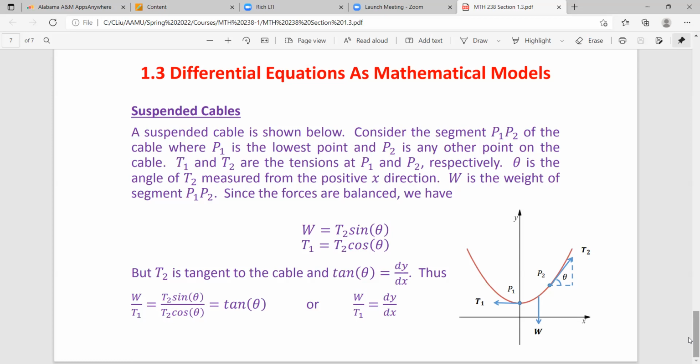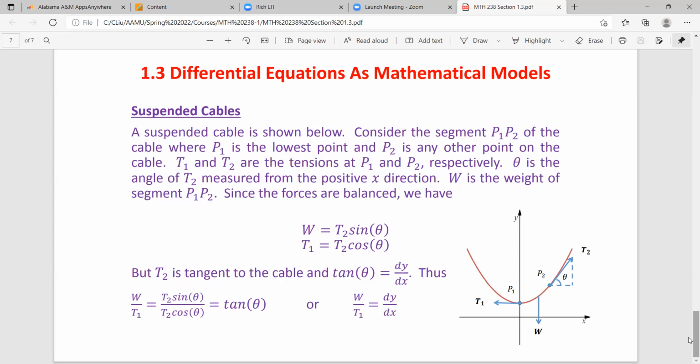Let's say theta is the angle of T2 measured from the positive x-axis, so theta describes the direction of T2. And let's say W is the weight of the segment P1, P2. Then we can use the force balance to set up the equations for this segment of cable.